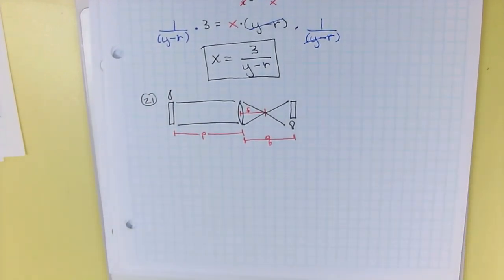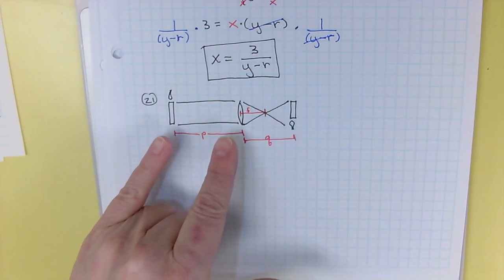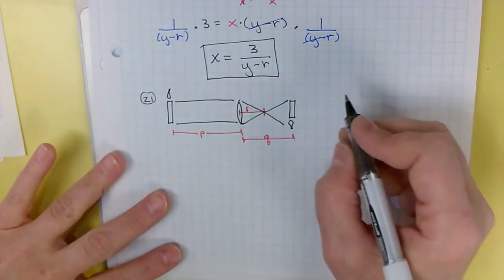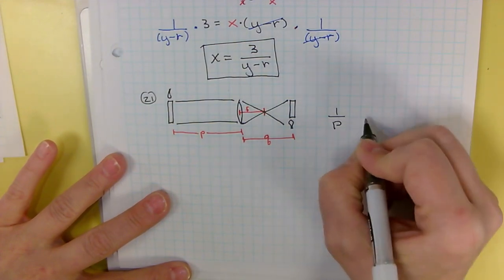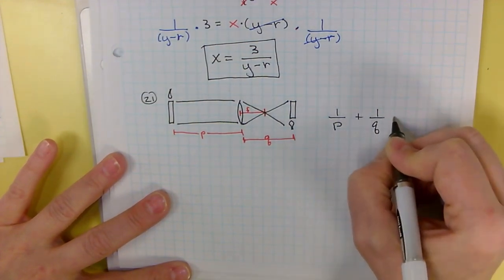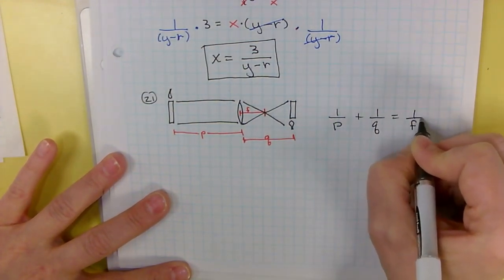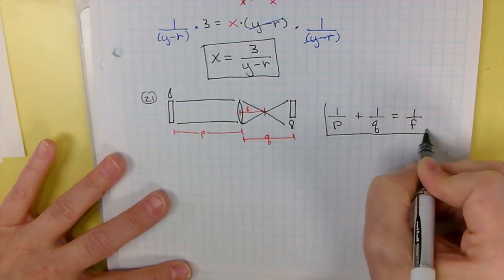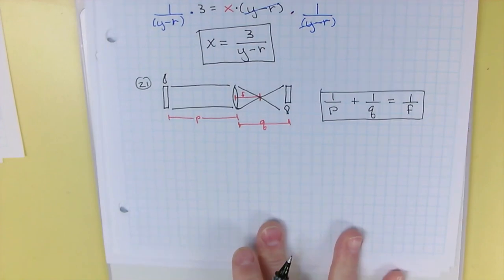So the relationship between the distance of the object and the lens and the image, and the focal length is 1 over P plus 1 over Q equals 1 over F. And that is a relationship you will need to have for number 21.